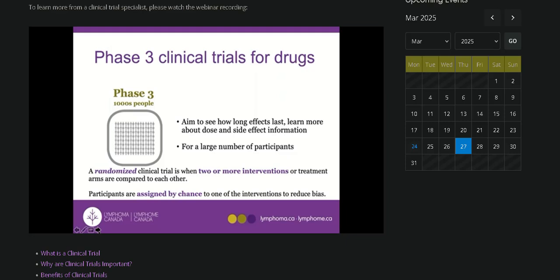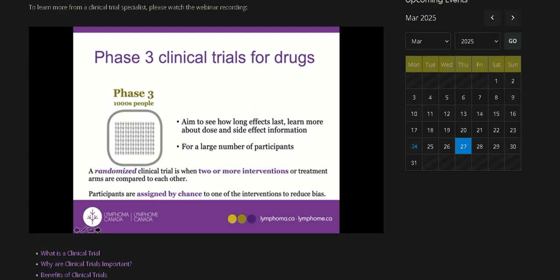So as an example, in phase 3, we might look at whether there's an existing drug that's used as a standard of care for this condition. The so-called control would be people who are taking the standard of care drug, and the intervention or treatment arm would be the people who are receiving the drug that's under study.